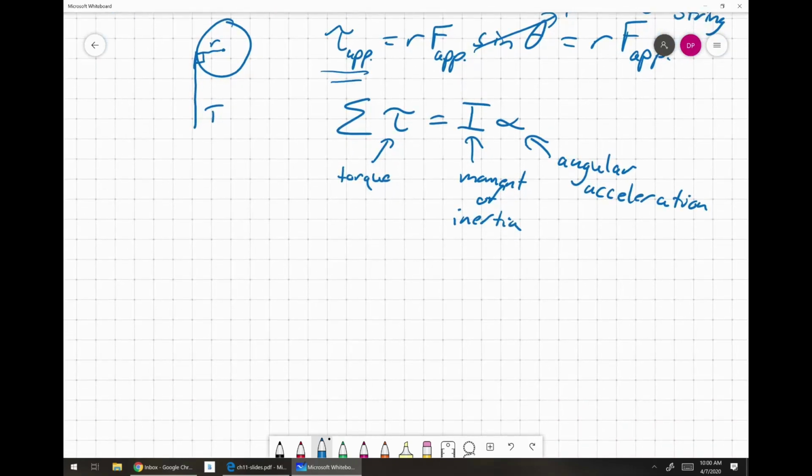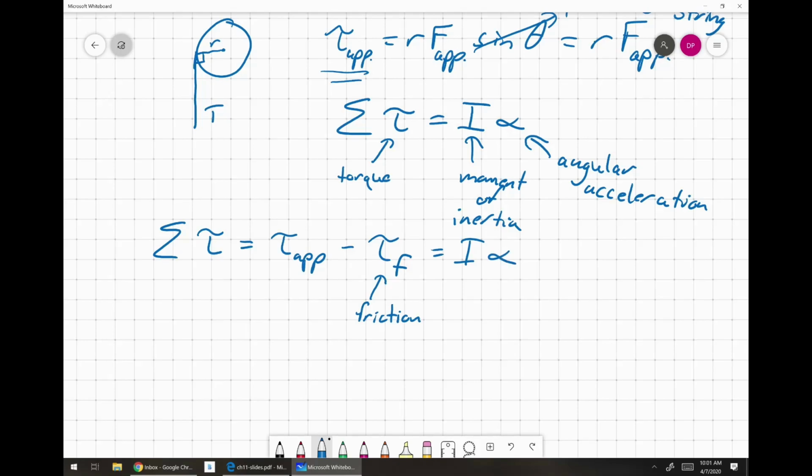So we can say that the sum of the torques on our system, a rotating frame plus whatever object we've placed on it, is going to be our applied torque, which is going to be from this tension, and then we're going to have some frictional torque. We'll just say torque subscript lowercase f for the friction torque here. And that is, of course, going to be the moment of inertia of our system times our angular acceleration.